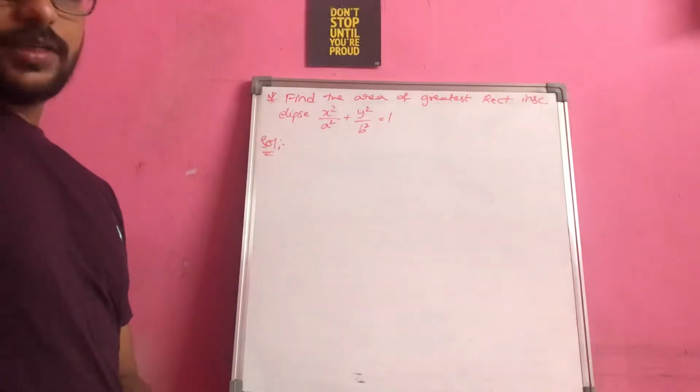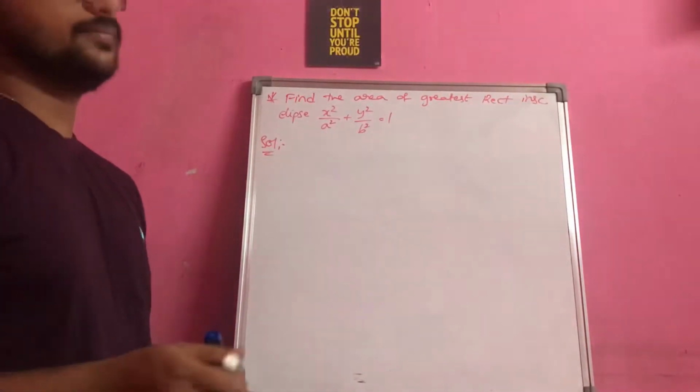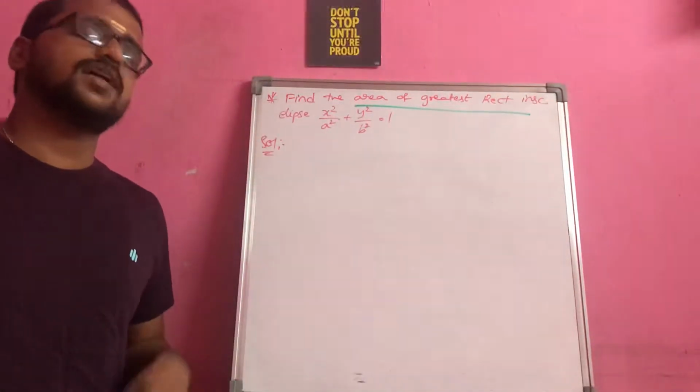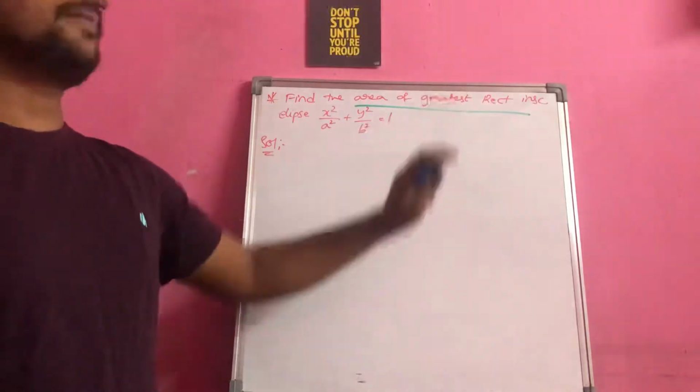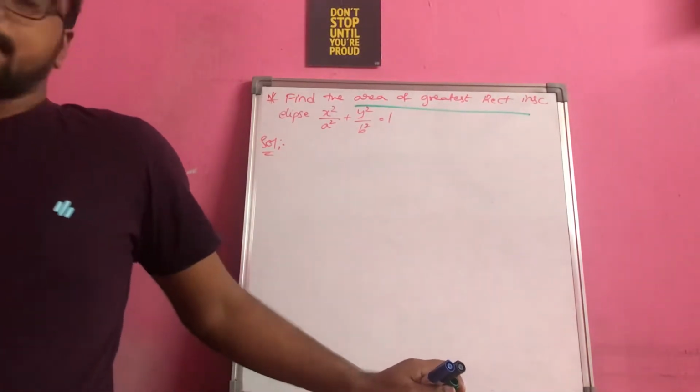You see the words here, they used area of a greatest rectangle. This itself is giving you the indication that the area of the rectangle is the required function and that has to be maximum, because the word greatest is a synonym of maximum, right?